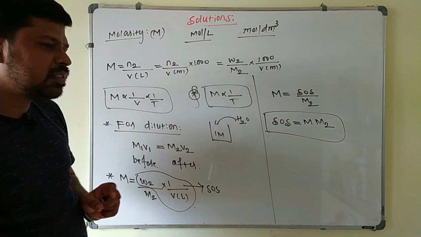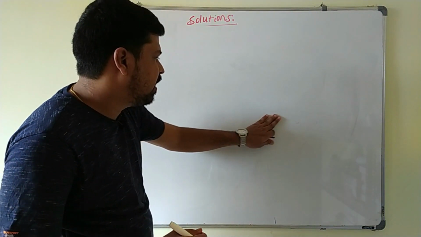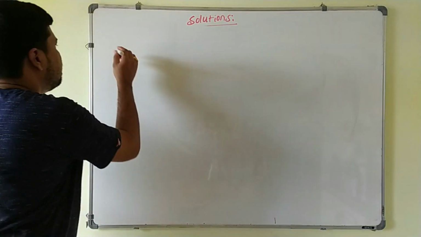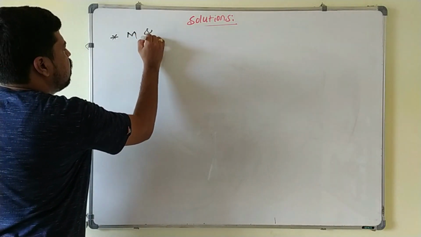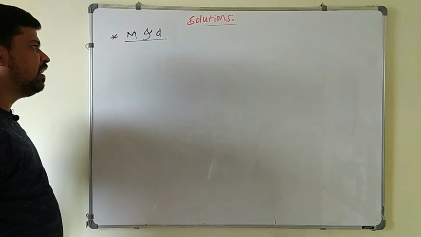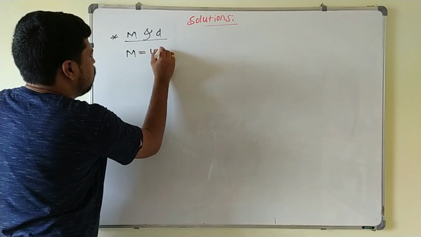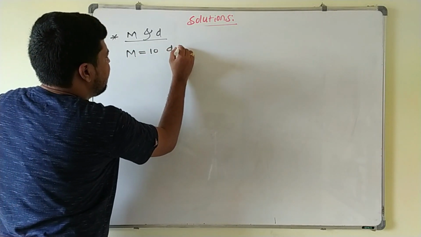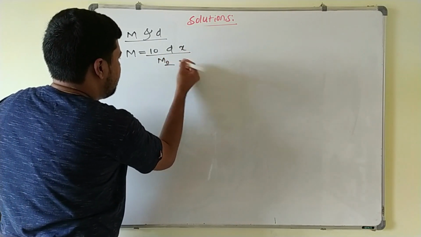Next, another important formula for molarity, whenever density of the solution is given. The relation between molarity and density: molarity is equal to 10 d x divided by M2.